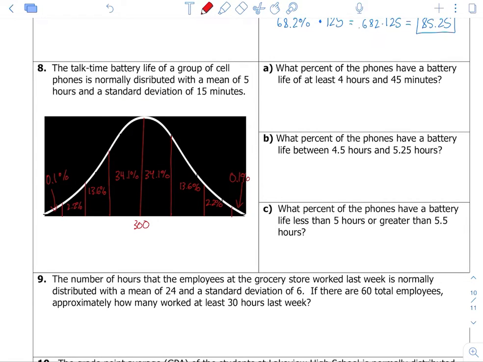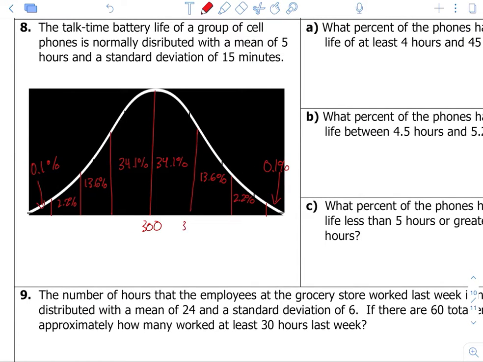That's 300 minutes. And now we are going to do standard deviations away. So 315, that's one away this way. 285, that's one away this way.